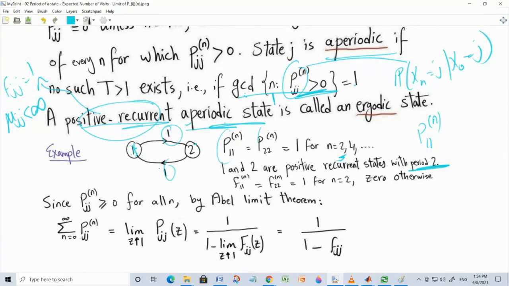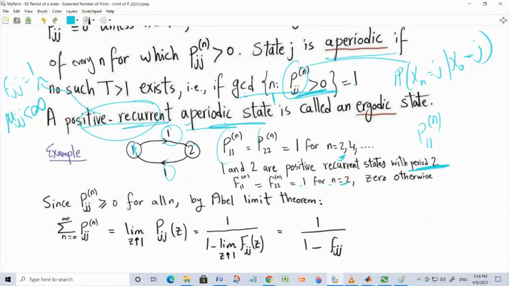So with probability 1, you will go back into state 1 in 2 steps. So f_11(n) and f_22(n) are equal to 1 for n equal to 2, and 0 otherwise. If you sum the f probabilities, one of them is equal to 1 and the others are equal to 0, so the summation is equal to 1.